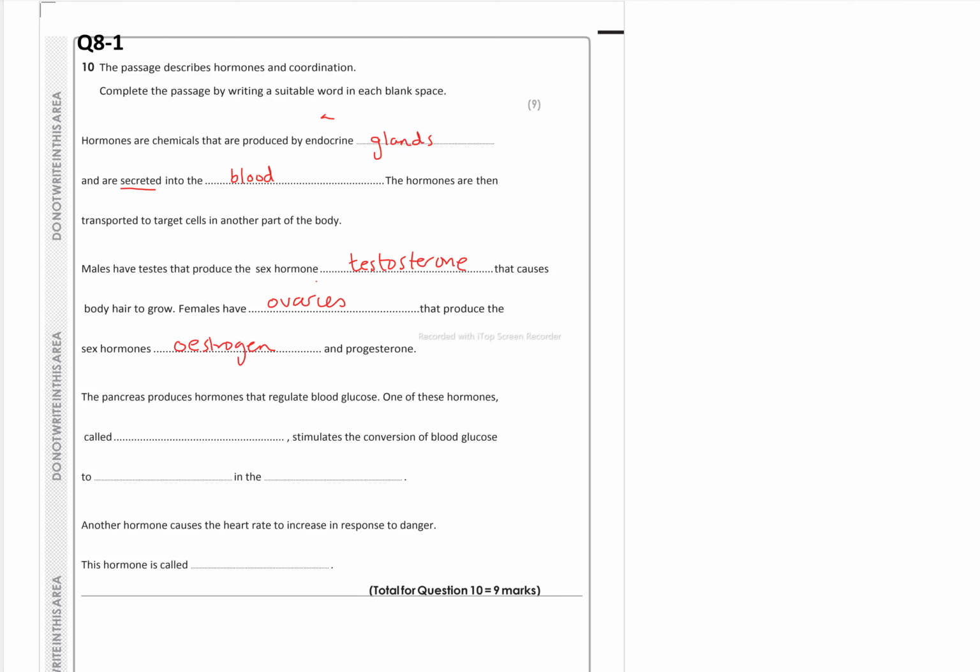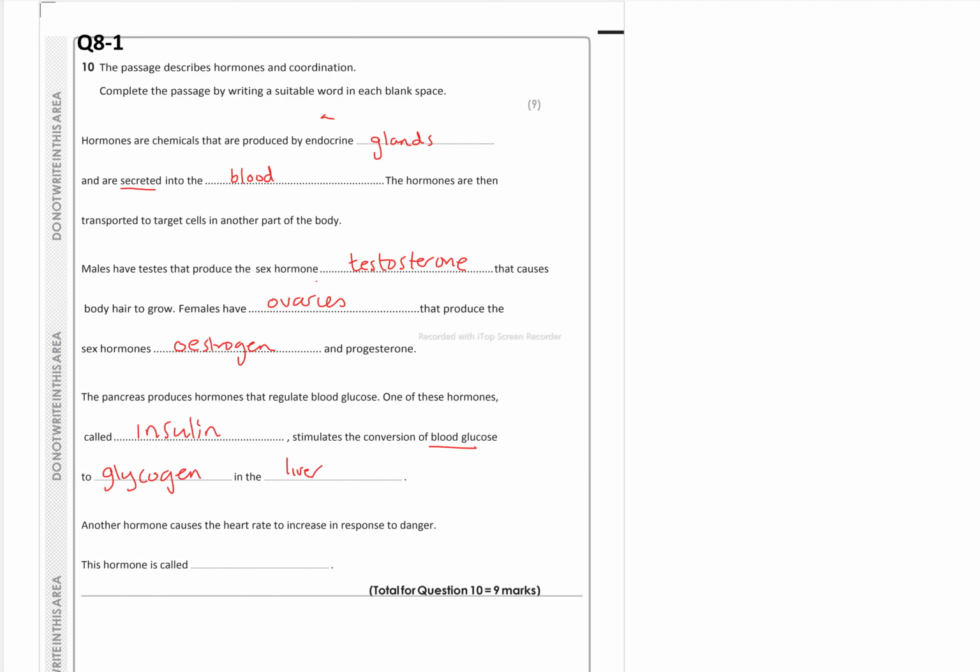Pancreas produces hormones that regulate blood glucose. One of these hormones is called insulin, which stimulates the conversion of blood glucose into glycogen, and it is stored in the liver.